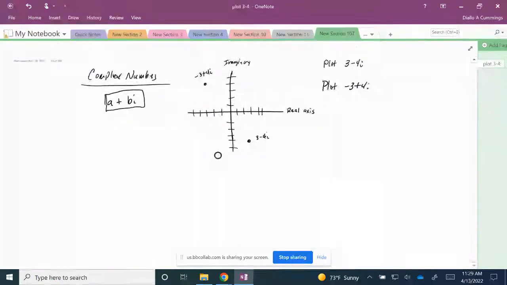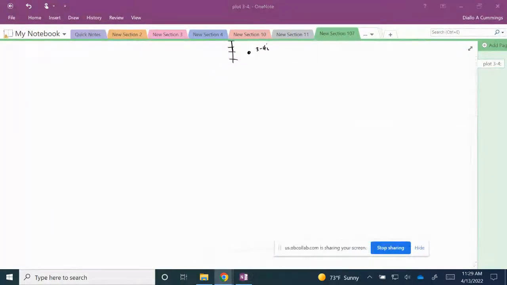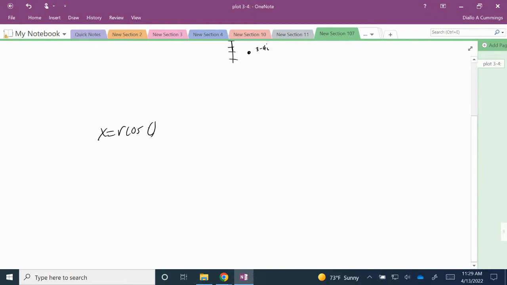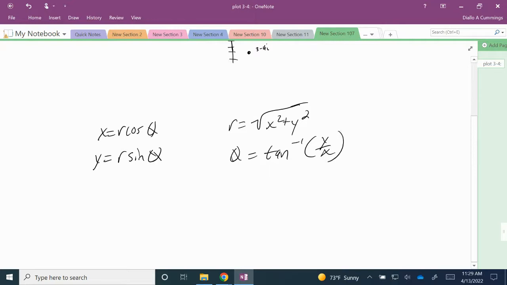But I use a slightly different formula. So x is equal to r cosine theta, y is equal to r sine theta. And then we had r is equal to the square root of x squared plus y squared, and theta is equal to the arctangent of y over x.